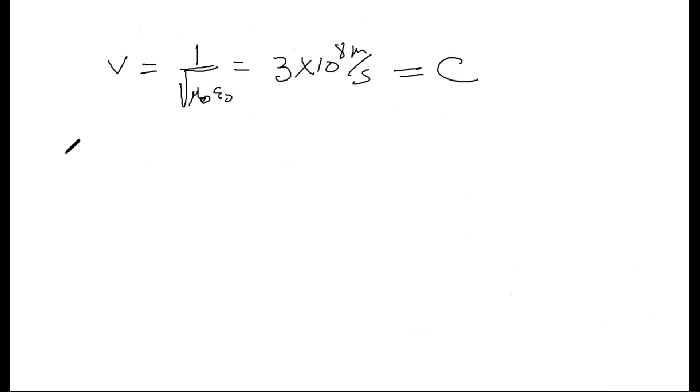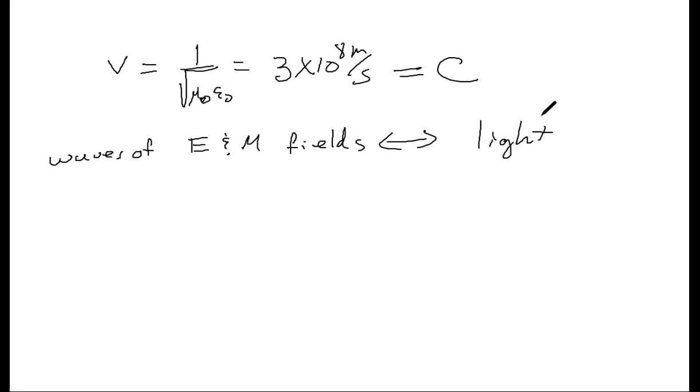In particular, what we find is that the velocity of this wave must equal 1 over the square root of mu naught epsilon naught, which, when you type in numbers, we get 3 times 10 to the 8th meters per second. It's the speed of light. So waves of electric and magnetic fields are the same as light.